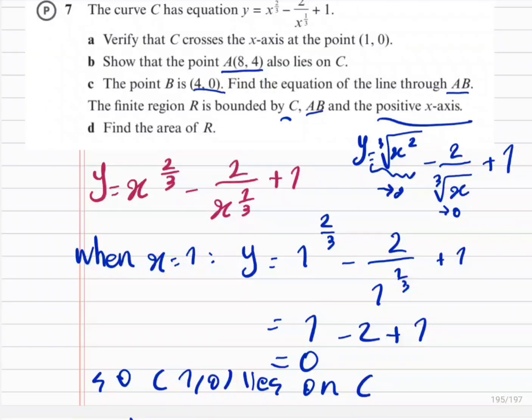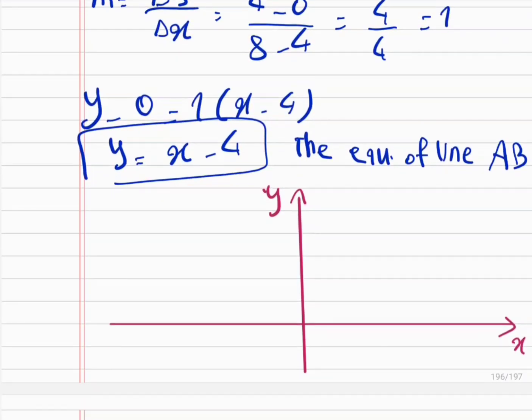So this simply means that the curve is going to have some sort of shape like this, something like this, because essentially as x increases, ultimately y is also going to increase and tends to infinity.